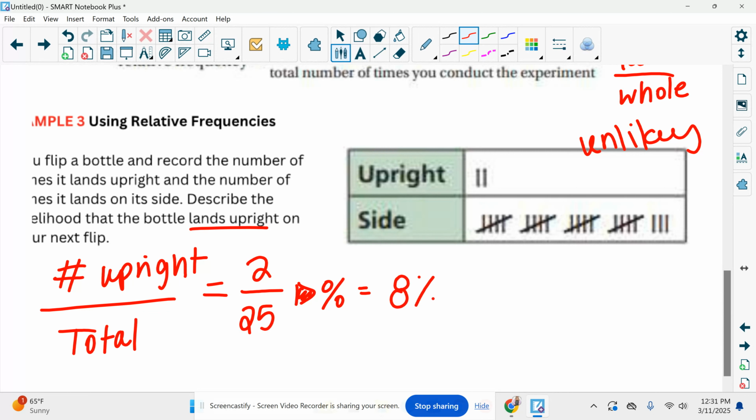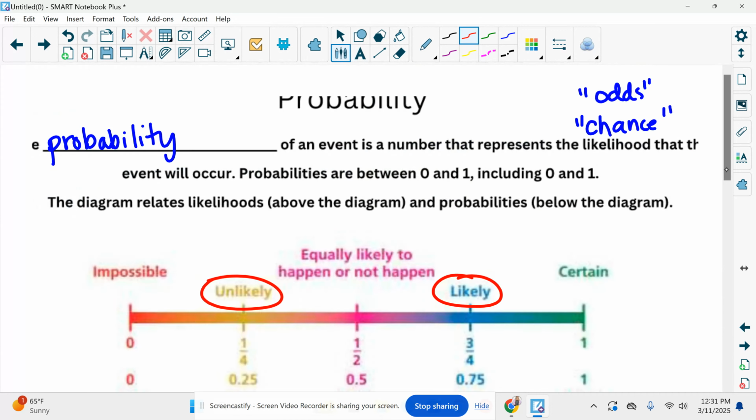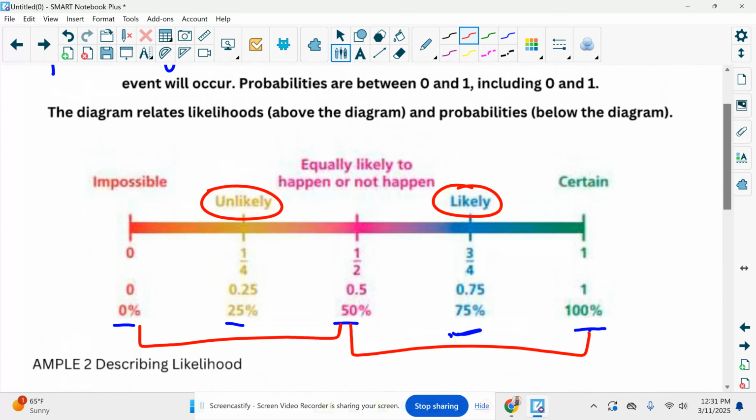Now, based on our diagram from yesterday, 8% is going to fall under which of these categories? Unlikely. The only way you can get impossible is if it is what? And the only way you get equally likely is if it is 50%.